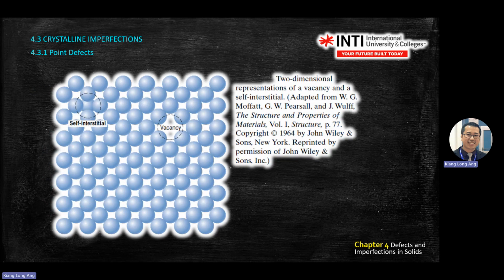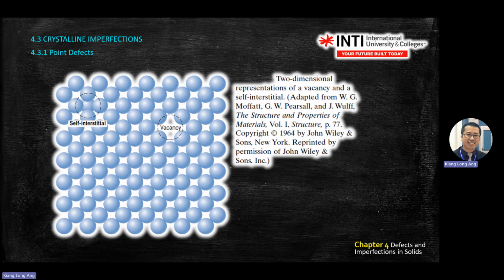There are two types of point defect. One is self-interstitial, which means there's an additional member in that space because of maybe the orientation. It's like you super cool the thing, there is not enough time to go back to original, so it's stuck there.